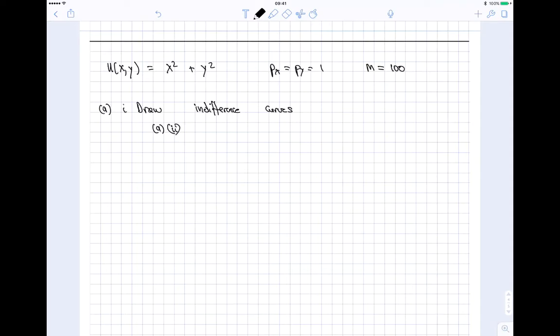A2, which, if any, of the standard assumptions do these indifference curves not satisfy?